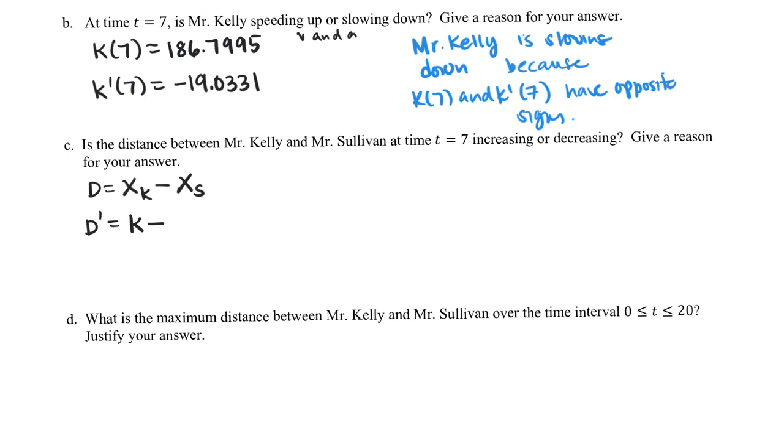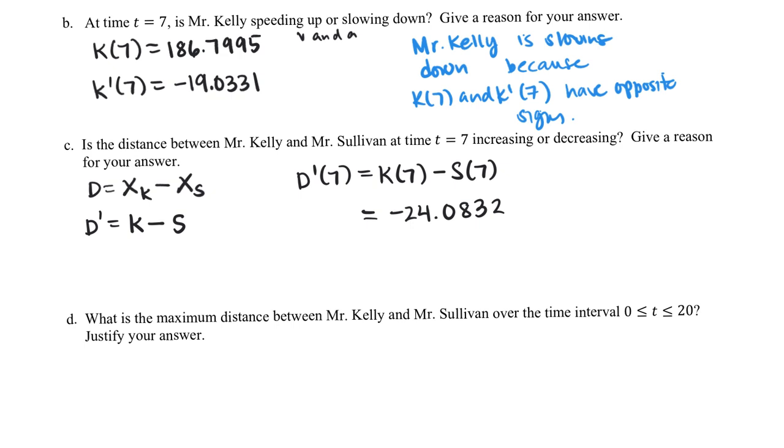I don't know an equation for that, but I know the derivative of Mr. Sullivan's position is his velocity, and the equation for his velocity is S. Okay, so even though this looks crazy, I'm trying to see if d prime of 7 is positive or negative, which means I want to know if K of 7 minus S of 7 is positive or negative. So I'm going to do K of 7 minus S of 7 in my calculator. And because I saved the functions, I'm really doing f of 7 minus g of 7 in my calculator.